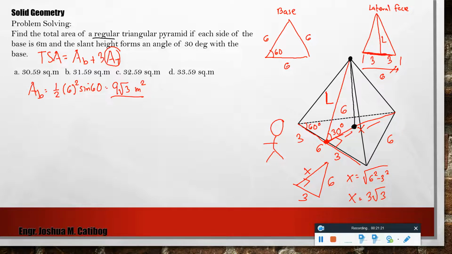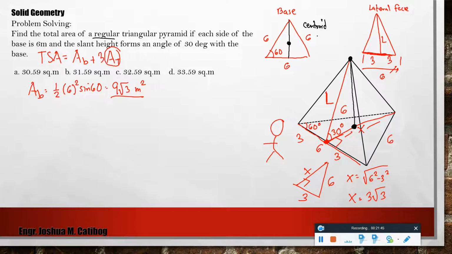Sir, ano pong klase ng part po ng circle yan? So guys, if we can imagine, equilateral triangle po yung base natin. So yung center po ng ating base, this is the centroid of our triangle, kasi po siya ay equilateral triangle. At ano po yung ating mga line na nagpapass through po sa ating centroid?